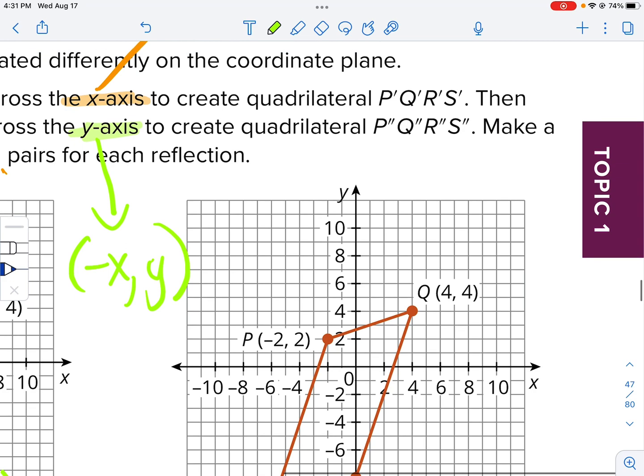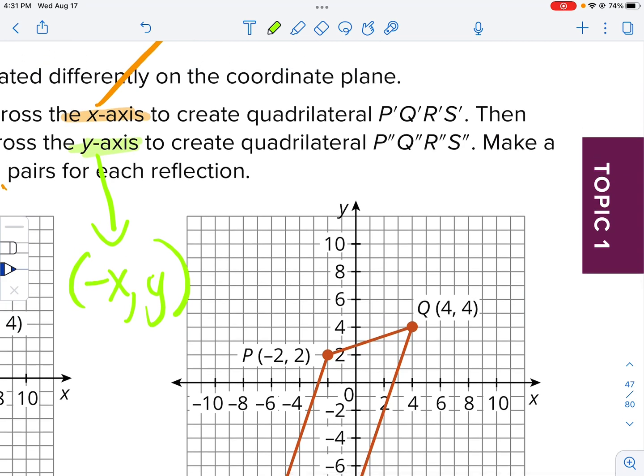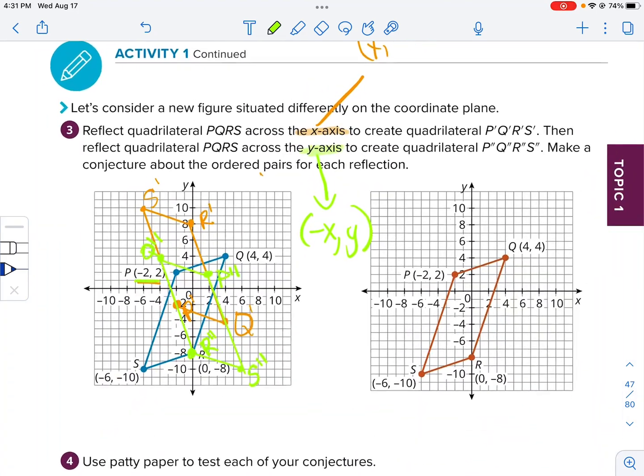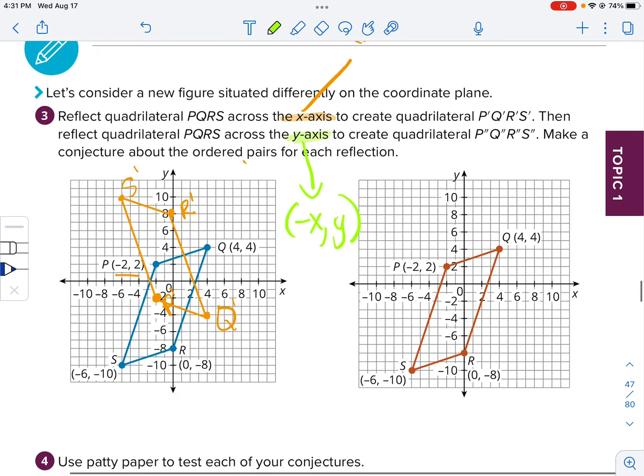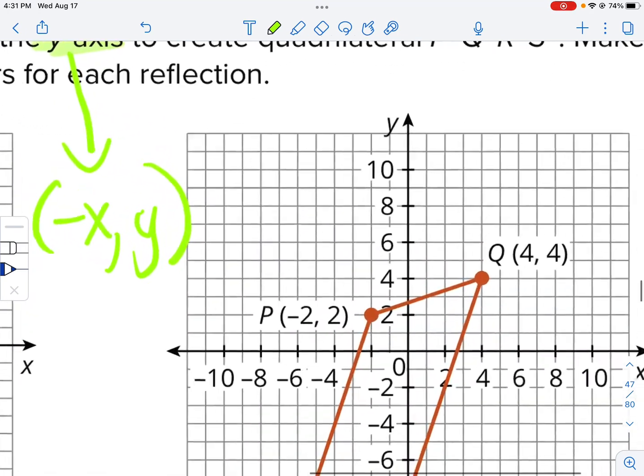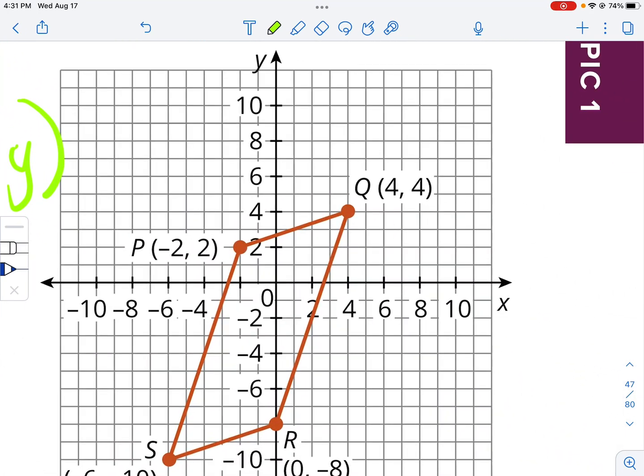Okay, so over here, again, we're going to go over, oh, you know what? I was probably supposed to do that second one differently. Sorry about that. I'll do it again. I'm supposed to go over the y-axis on this one. So this would get me P prime.